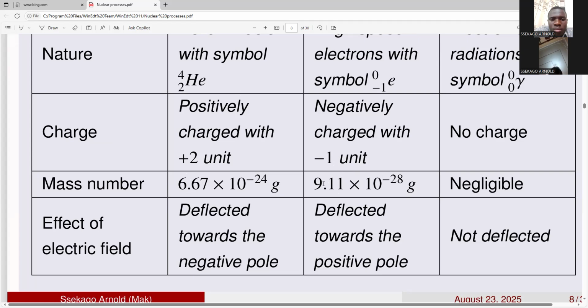The value for the alpha particle is higher than the value for the beta particles. It implies that alpha particles are heavier as compared to beta particles, and gamma rays carry no weight.